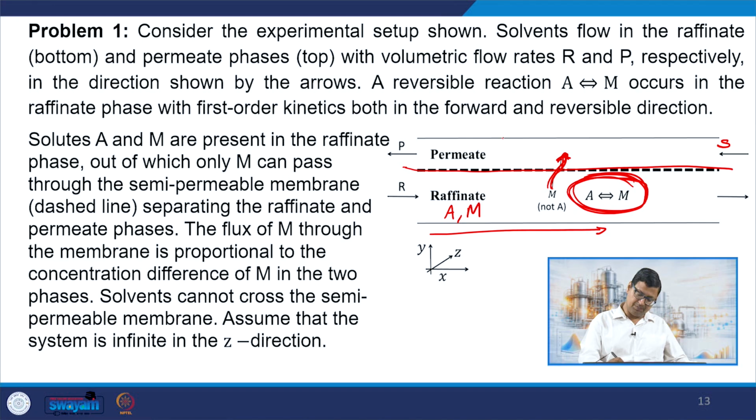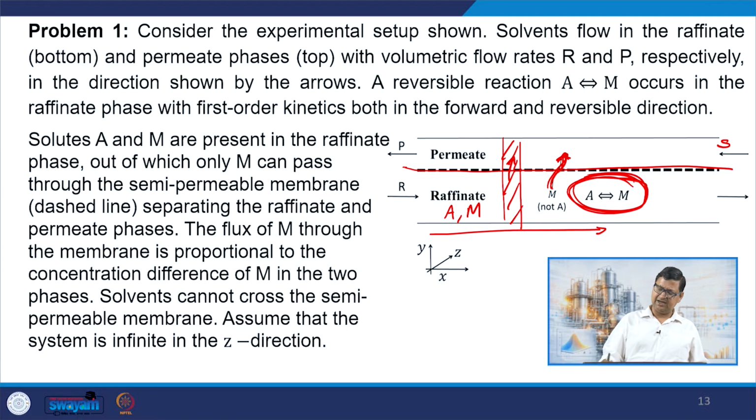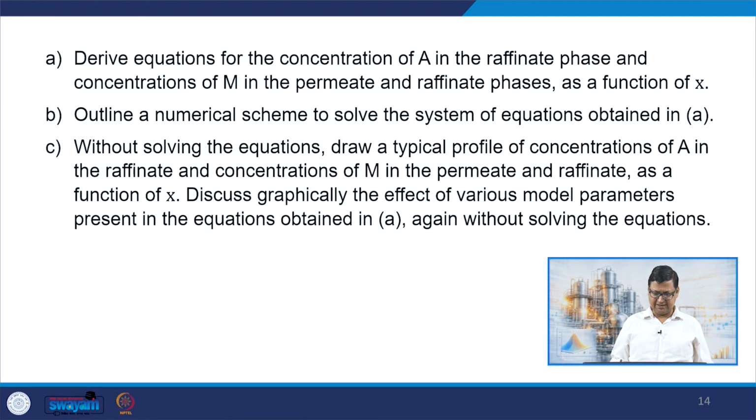So when we try to compute the net flux going from the raffinate to the permeate, that flux is going to be strongly dependent on this chemical reaction. In fact, we have to go back to the basics and write the general unsteady state mole balance for the species A and M, in the raffinate phase and in the permeate phase, right. So let us try to set up that problem and see what exactly it may look like.